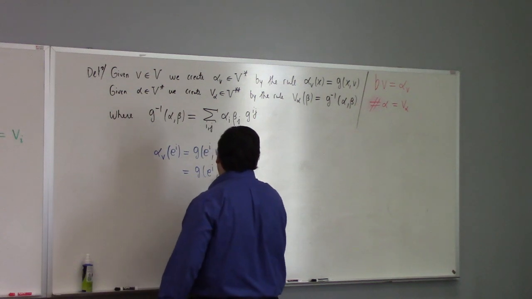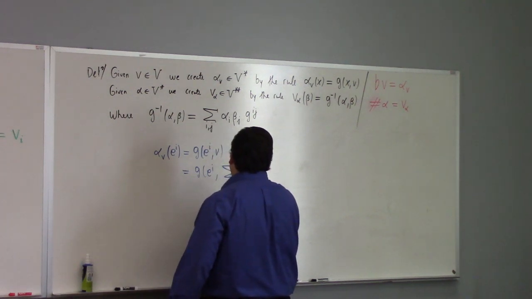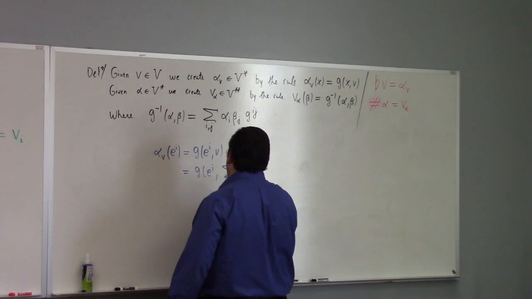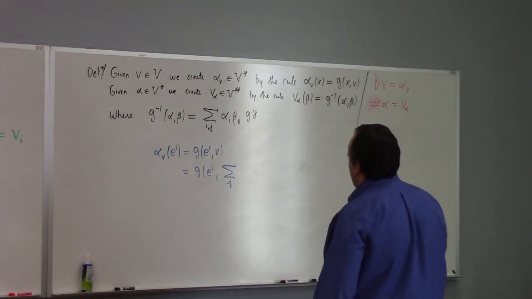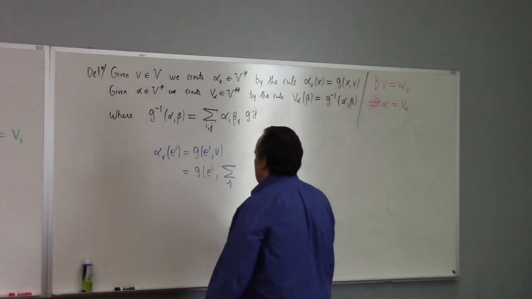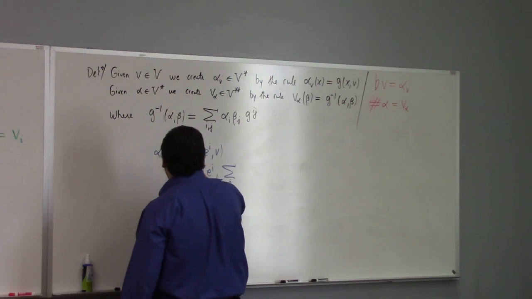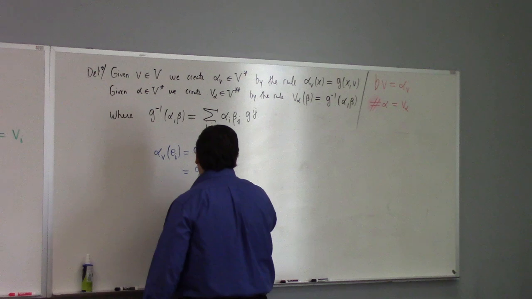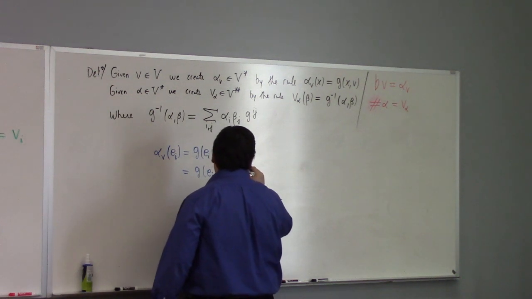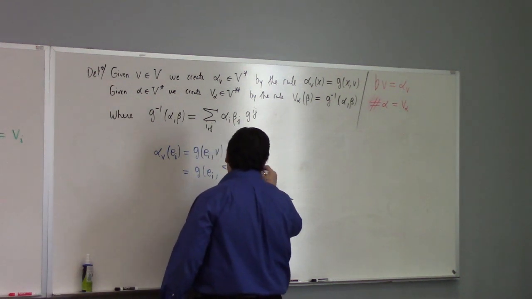Remember, V we can write as a sum over J of V upper J, E lower J. Oh man, it should be E lower I. What's wrong with me? I was about to get really confused. Thank you very much. So V upper J, E lower J.